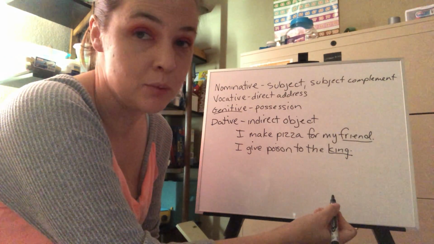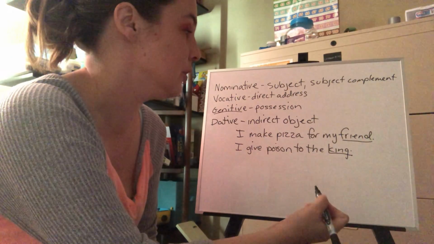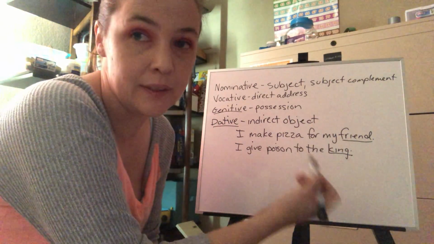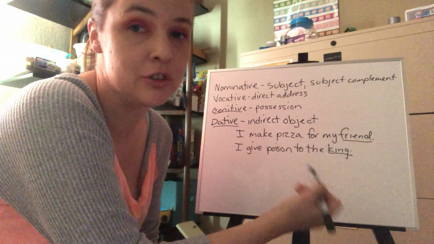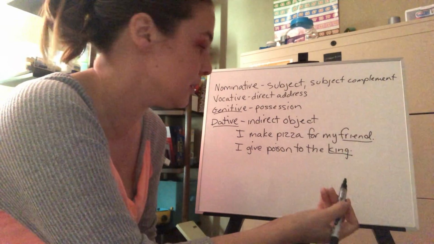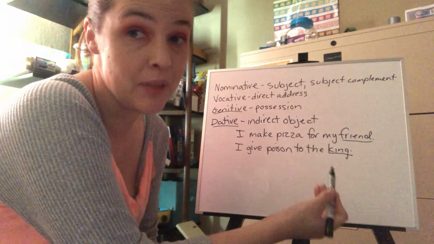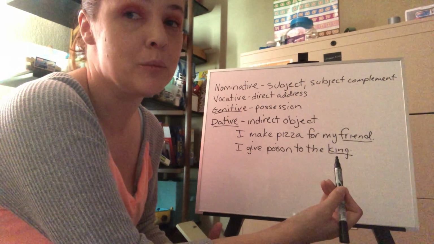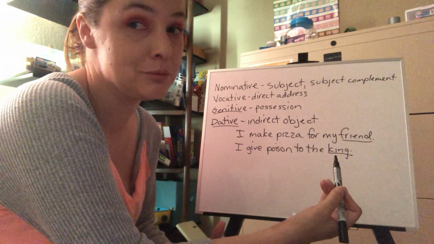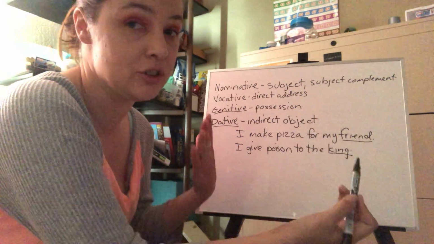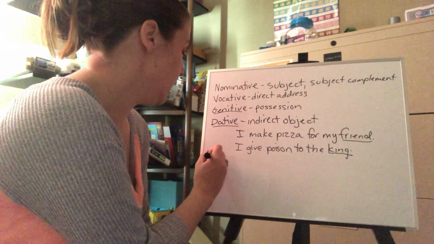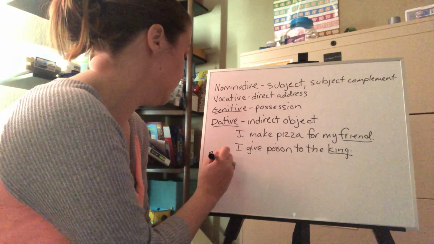That is an indirect object. All right, at least in my videos, we won't be hitting that for a little bit yet because I want you to get comfortable with some of the more basic cases, but keep that in mind, okay? When we do accusative here in a second, we're going to hit the distinction between a direct object and an indirect object. All right, and while we're talking about that, accusative.